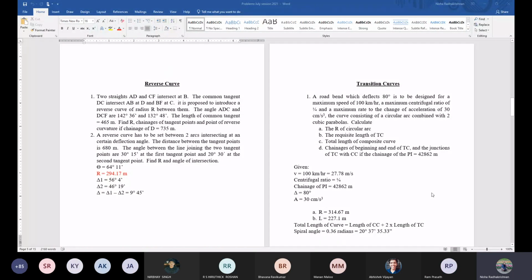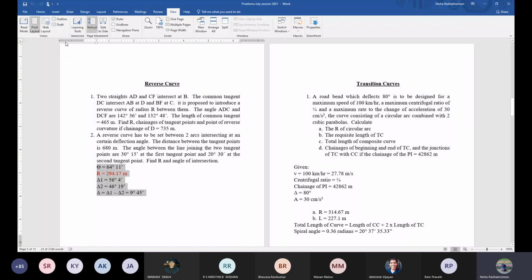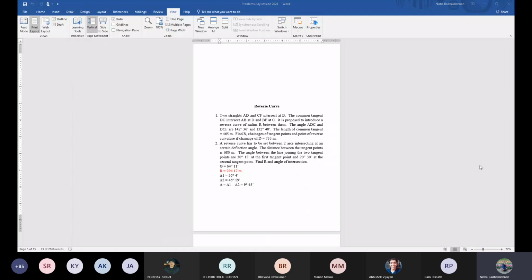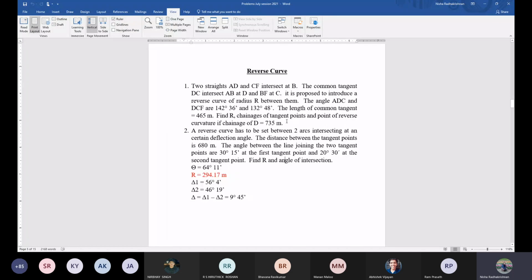Those who have not done that question, please try that out, and those who have already finished it, please try out the second question. Sorry, but please try out the first question. And those who have already finished with the first question, please try the second one.